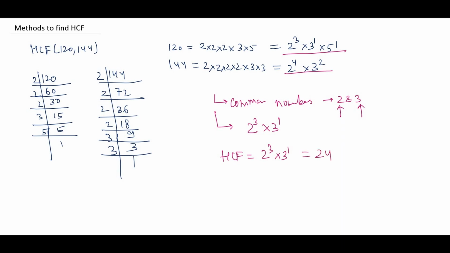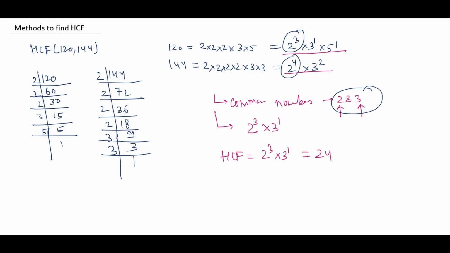Again repeating, first find the common numbers. So 2 and 3 are the common numbers. Then take out the lowest powers. Here the power is 4, here the power is 3. The lowest power is 2 to the power 3, right? The number would be 2 to the power 3.